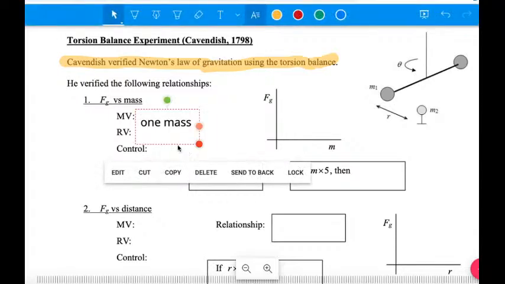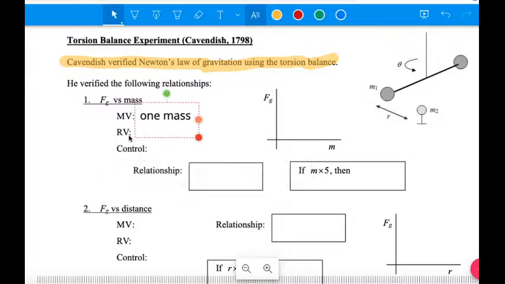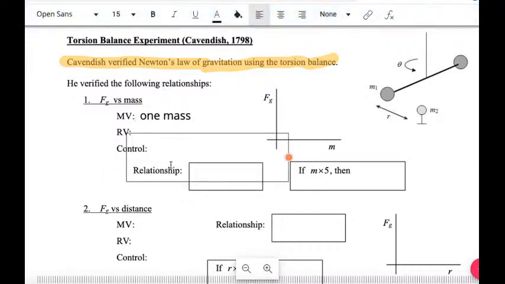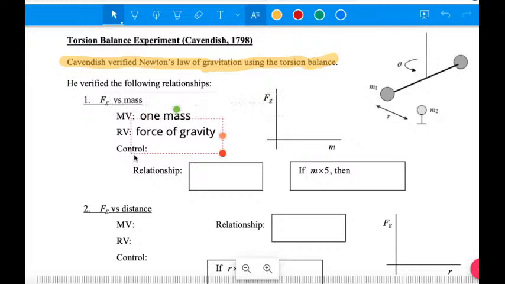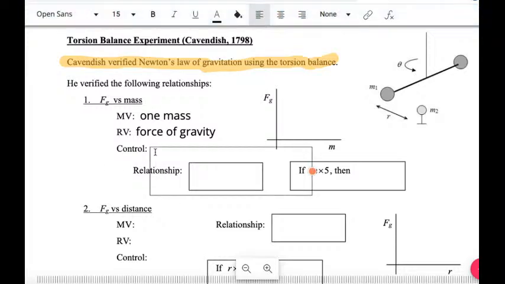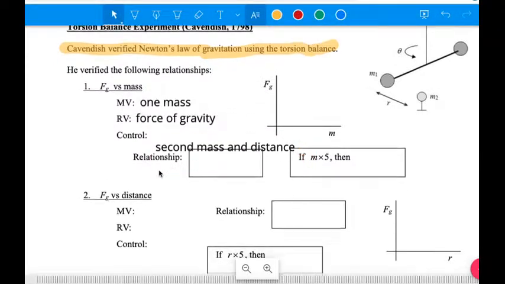The responding variable is going to be the force of gravity, Fg, and our controlled variables are going to be the distance between them and the second mass. So we have two controlled variables there.